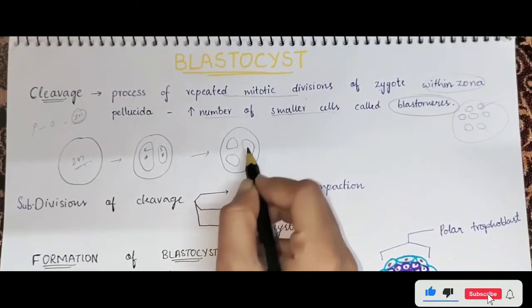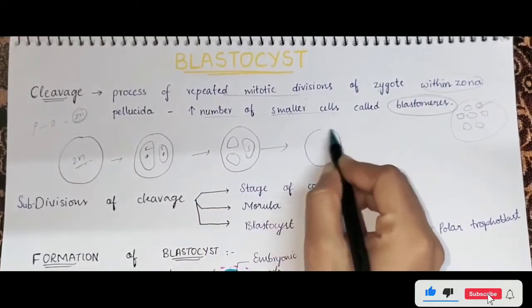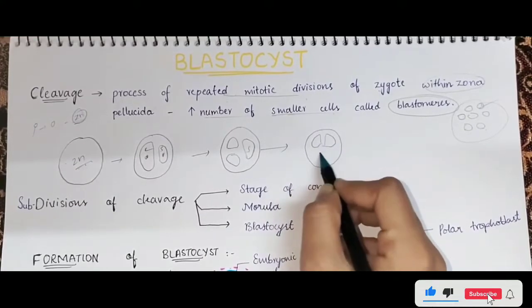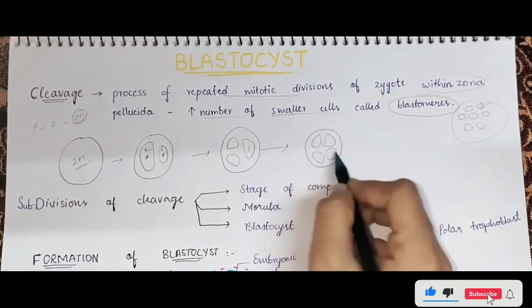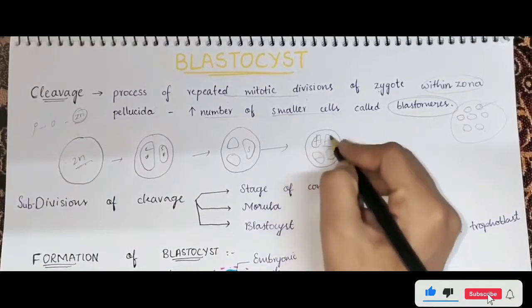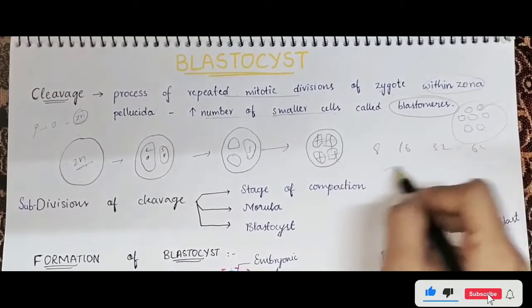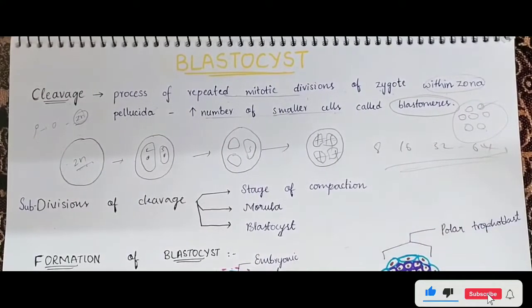Now this smaller cell divides and forms four cells, right? And again it divides like this: 8 cell, 16 cell, 32 cell, 64, and this development goes on and on.